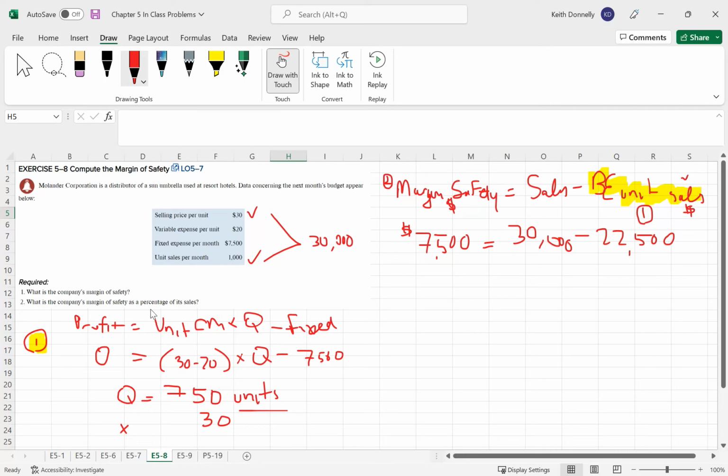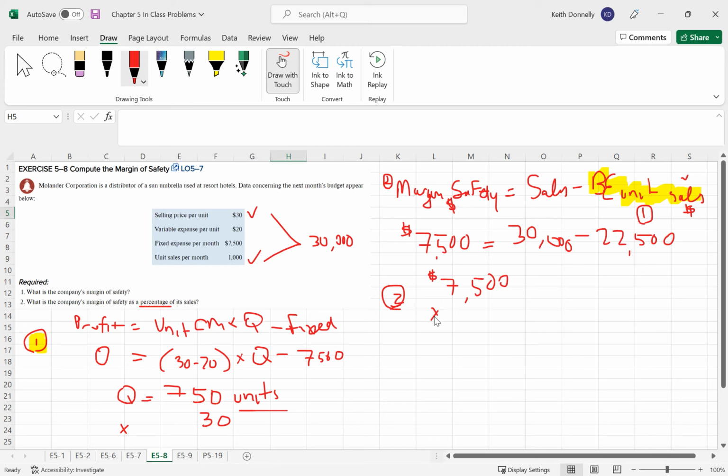It looks like in B here they want it as a percent, right? So all you do here is you're going to take the margin of safety in dollars, right, the 7,500, in this case.